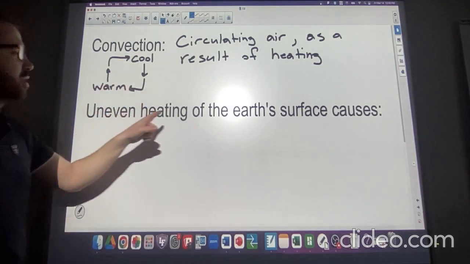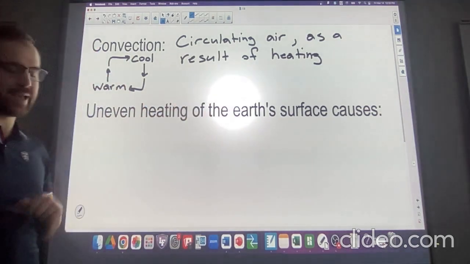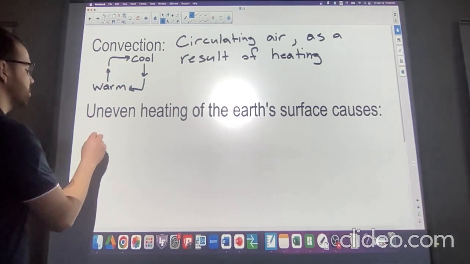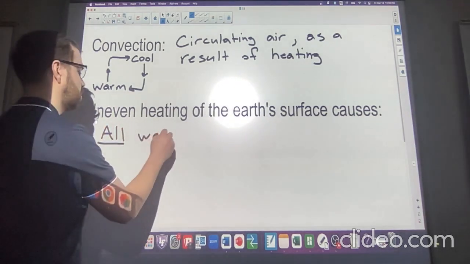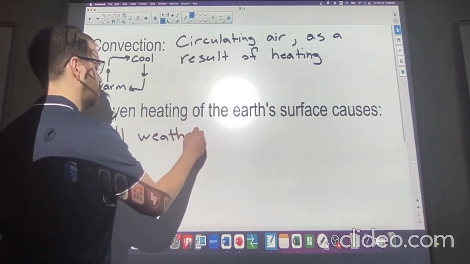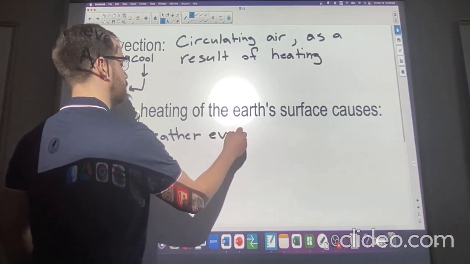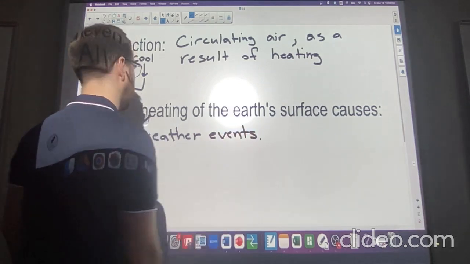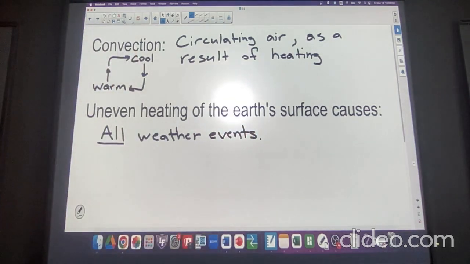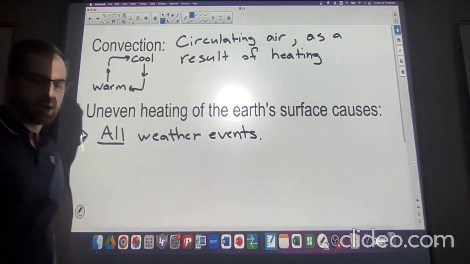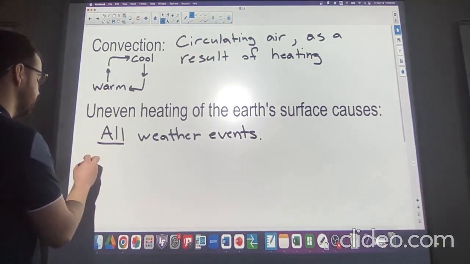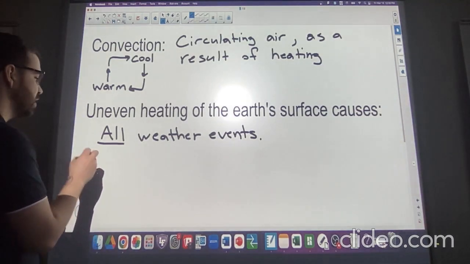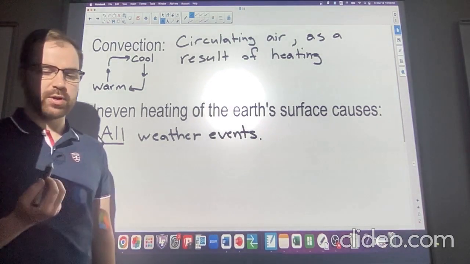Uneven heating of the Earth's surface causes all weather events. Emphasis on all. It's the uneven heating. Just to clarify, when things are heated, it creates that low pressure.